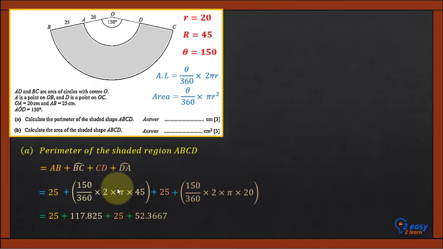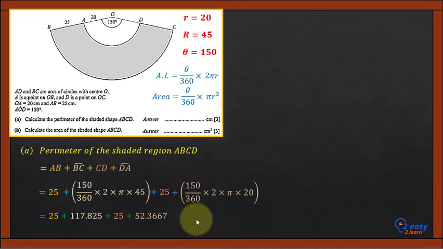Pi value also plug in because we are not asked in this question for the answer in terms of pi. So we'll use the value of pi as well. So AB is 25. Arc length, use a calculator to find it, 117.825 plus CD is 25 plus DA.